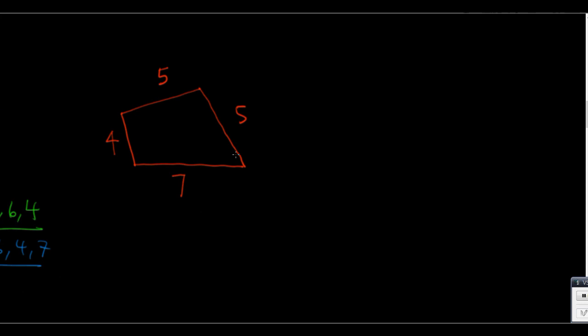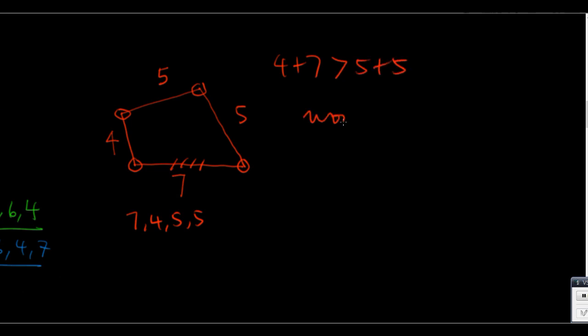So that's non-Grashof. I can fix this, it doesn't matter. So my inputs are 7, 4, 5, 5. Smallest and largest: 4 plus 7 is bigger than 5 plus 5. So this is a non-Grashof and it's a double rocker.